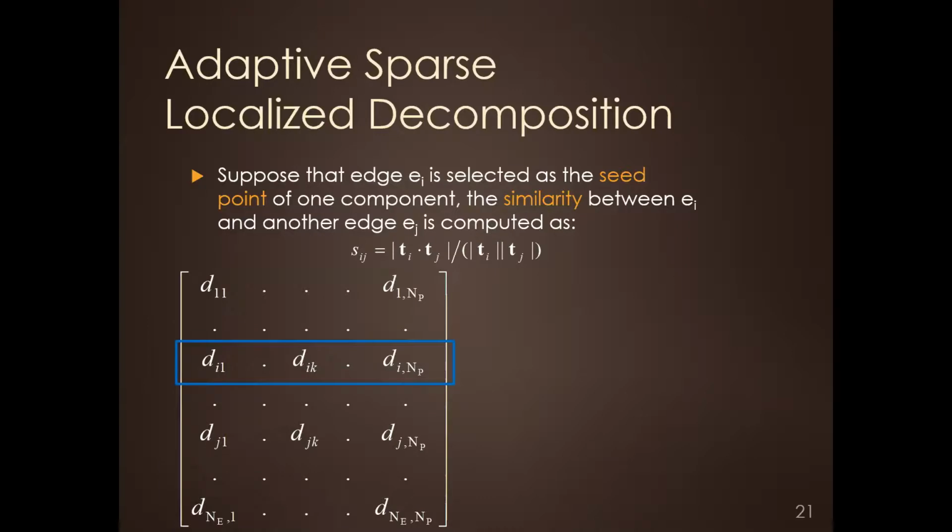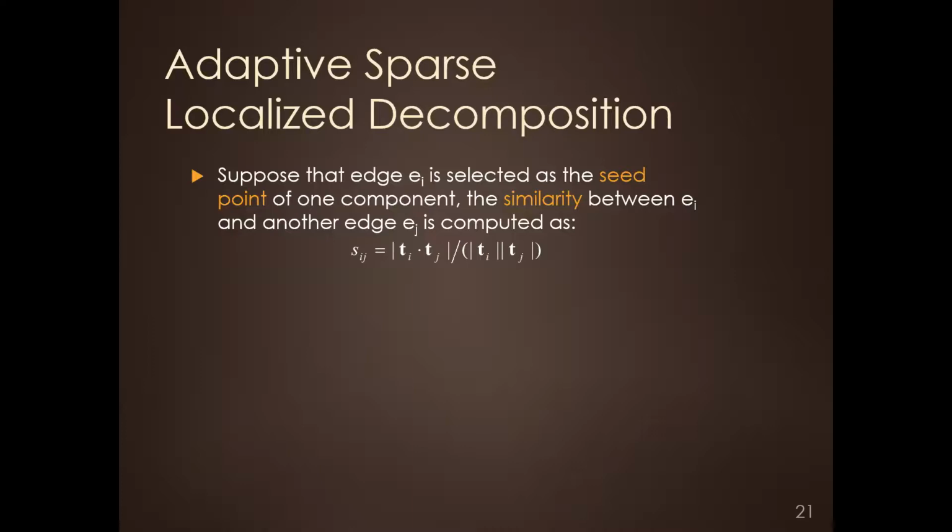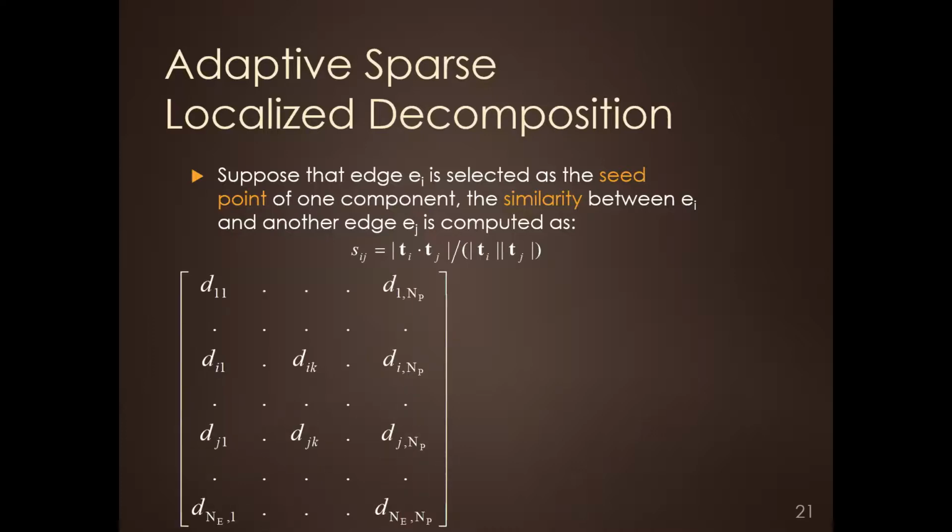And here is the matrix, a residual matrix D, and Ti and Tj are separately 2 rows of this matrix, and each row of the residual matrix represents how an edge changes, and we will calculate the motion similarity between two edges by these 2 rows.